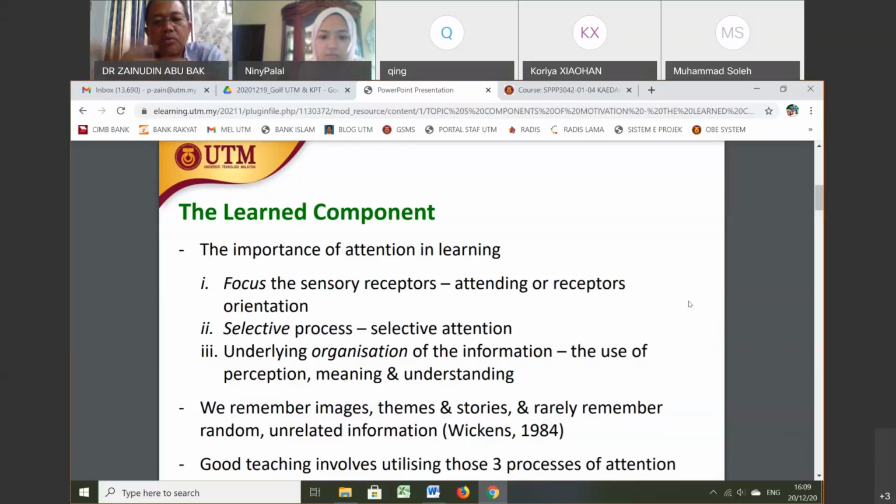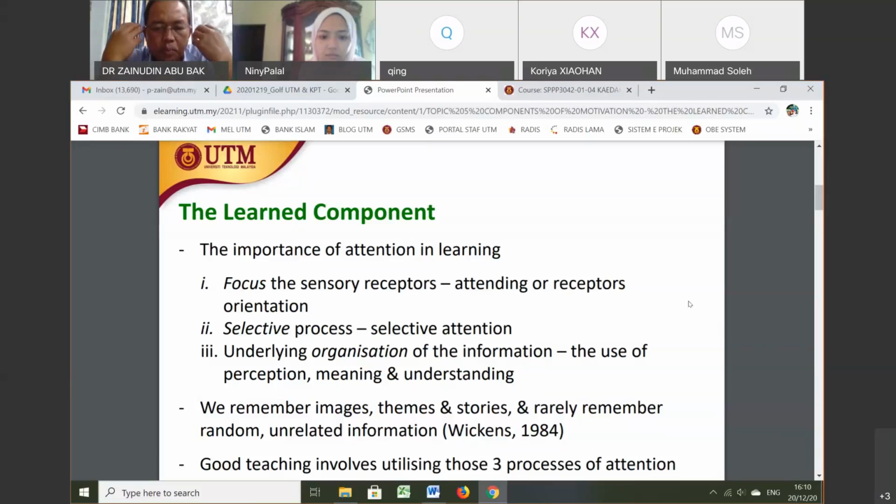That's why when we talk or discuss with someone, it is very critical to keep eye-to-eye contact, so that we can show some attention or respect to the counterparts in the discussion. This is done to show that we are actually attending, or what they call receptor orientation.